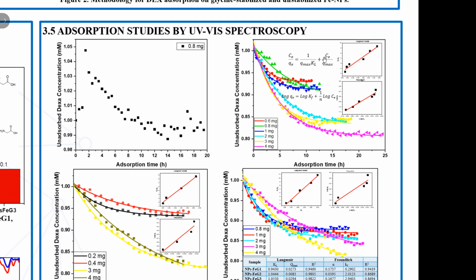The Langmuir model assumes that the absorbent surface is homogeneous. All active sites present on the substrate have a similar energy or affinity for the analyte under investigation, and therefore absorption is homogeneous and occurs without any interaction between the analytes absorbed on the absorbent surface. And this is the linearized equation.